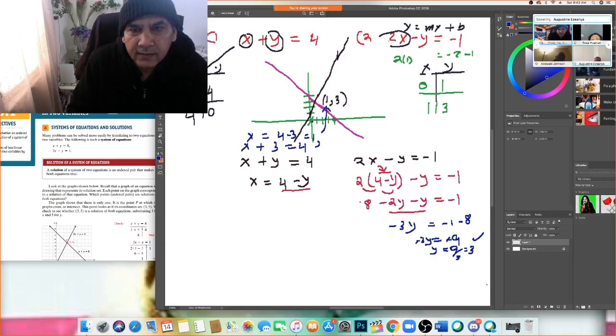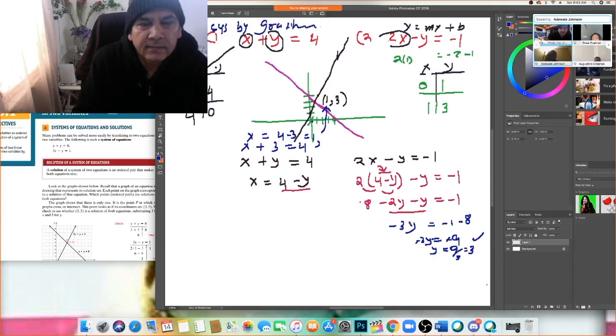So x is 1. The first one we did was solve the system by graphing, and this is the solve the system by substitution method, right?